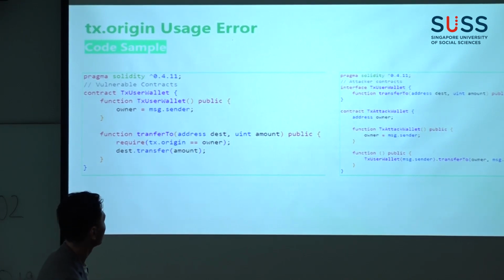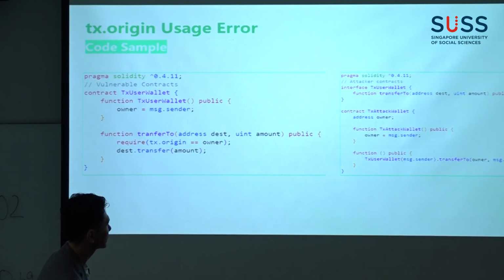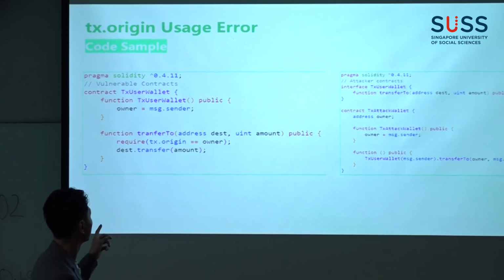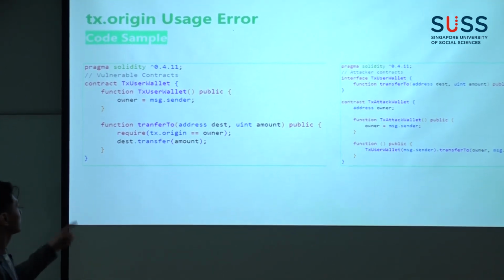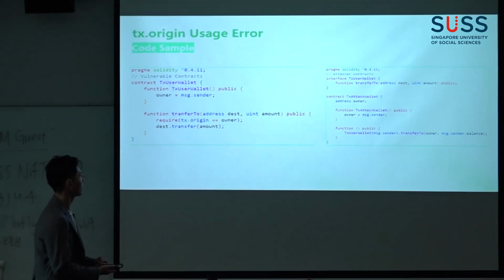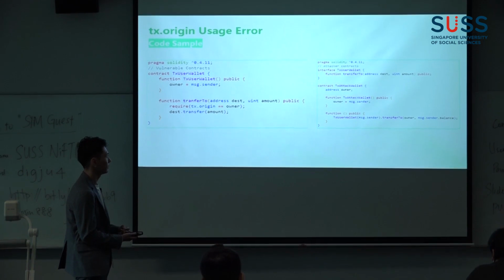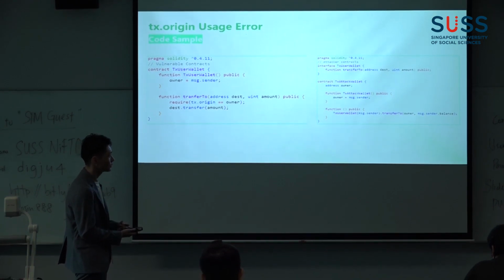Then he will initiate the transfer to the owner address. In the TX user wallet, the contract will think that the user initiated the transaction and will send the user's balance to the attacker's controlled malicious contract.